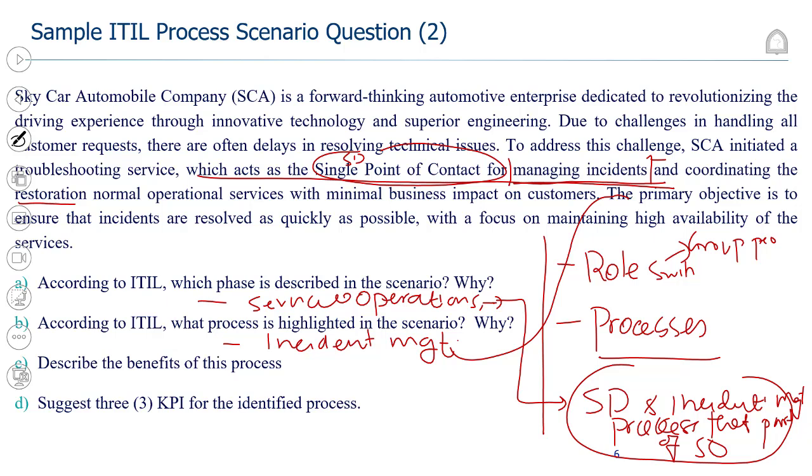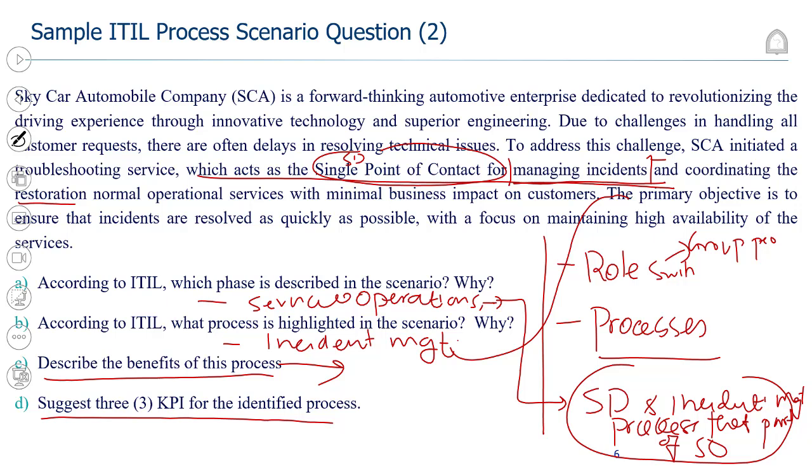The KPIs describe the benefits of this process. You can go to your slides. There's lots of them, but I would need you to be able to describe. This one you won't get from the case study. This now requires your knowledge of, for example, the slides, or your knowledge or whatever. And also suggest 3 KPIs. There are lots of KPIs that you can suggest from.